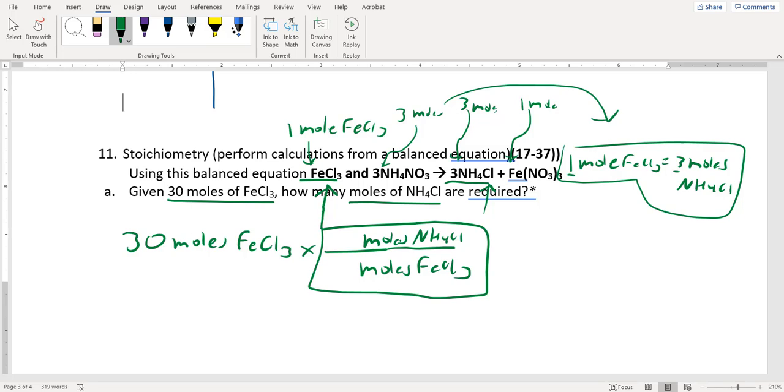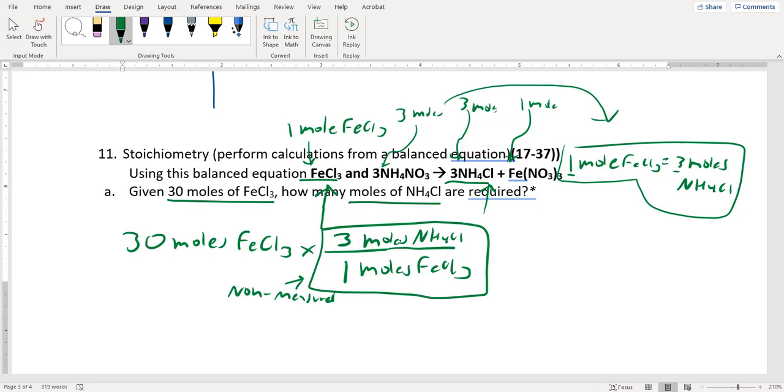So in this case, it's going to be a 3 for ammonium chloride and a 1 for iron chloride. Now, these numbers right here are non-measured. So the only one that you have to worry about is the starting value in this case.